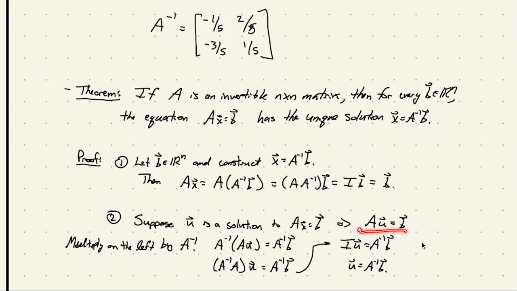But then since I'm talking about multiplying by a matrix, I have to specify, am I multiplying it here or am I multiplying it over here on the other side? So that's why we say multiply on the left by A inverse. So it's the same basic principle that we have in algebra of multiplying both sides by the same thing, but now I have to give the special instruction of what order I am multiplying.